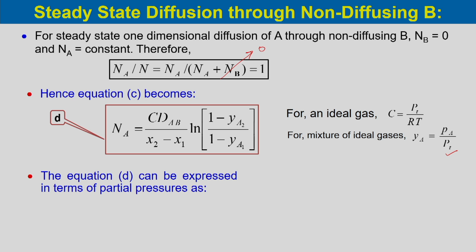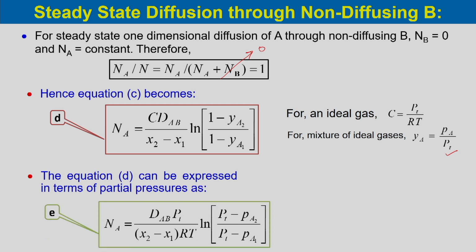The equation D can be expressed in terms of the partial pressure as follows: NA would be equal to DAB Pt divided by x2 minus x1 RT ln of Pt minus PA2 divided by Pt minus PA1.